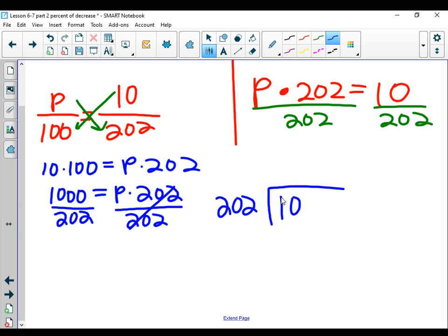Everybody should have 202 on the outside. Not everyone is going to have a decimal right now. Equationers, you're going to move your decimal in a minute.